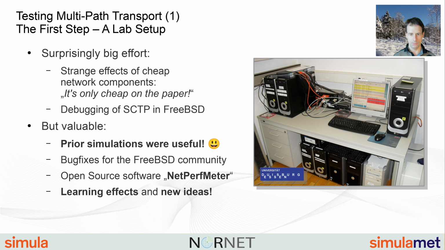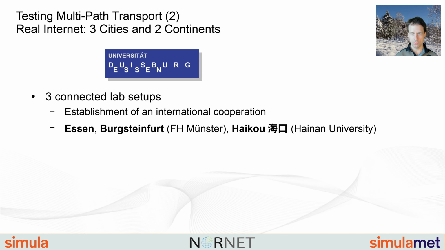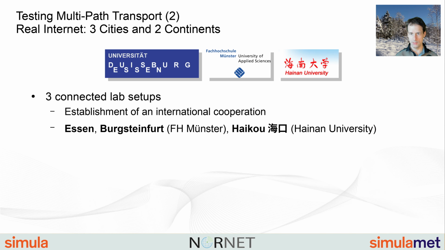And one of the ideas was, of course, well, we did research on internet protocols, but obviously this lab setup here is an intranet setup. Let's go to the internet. So we were then able to convince colleagues at two other universities, University of Applied Sciences at Burg Steinfurt and Hainan University in China, to create similar setups connected to, at each site, two different internet service providers.